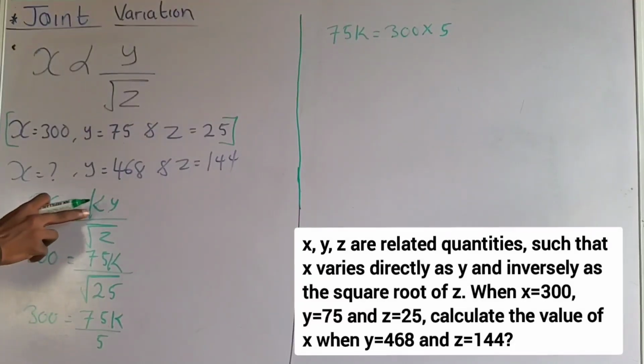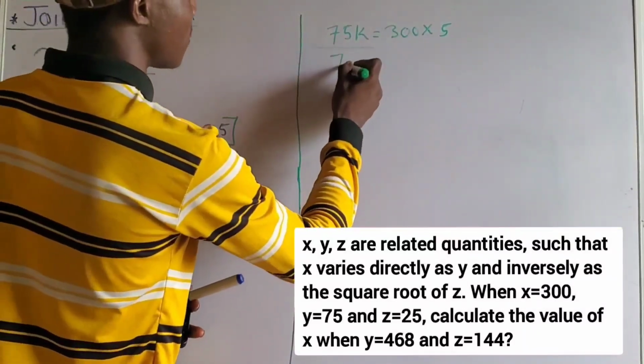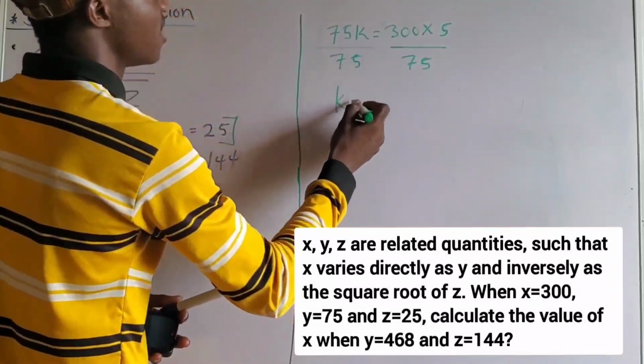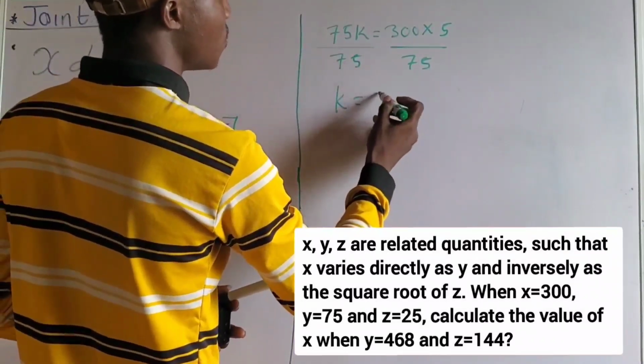You understand? To get the value of k. Are you getting it? So when I've already got to that point, 300 times 5 will give us 1500. So 1500 divided by 75, that will give us 20. Do you understand? Okay, so this over 75 and this over 75, k equals to 20.